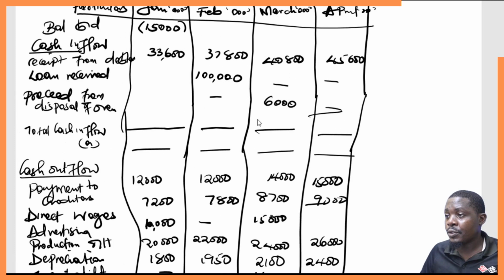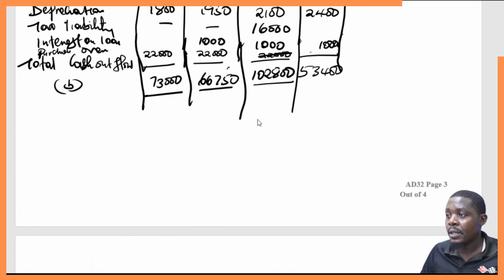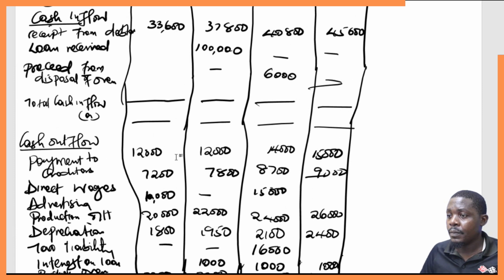What about the total cash inflow? We have negative 15,000. We are adding that 3,600. We have here 18,600.